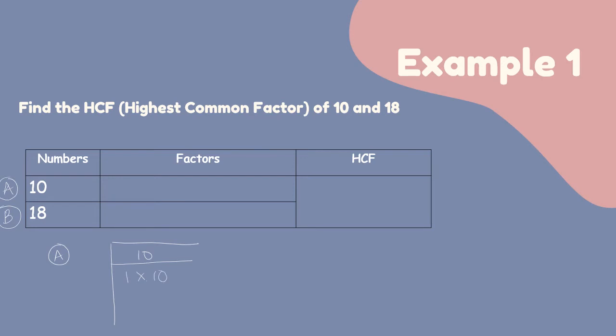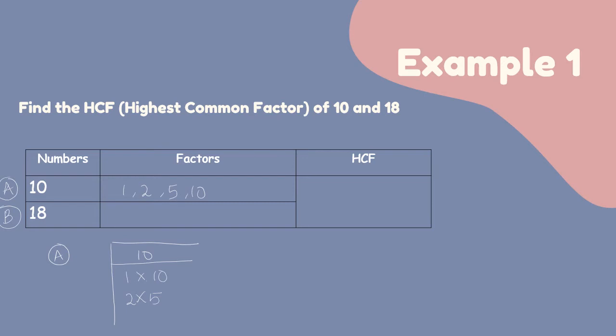Next, we can start with number 2. 2 times what gives you 10? Exactly, 5. Can you think of any other numbers when you multiply them together gives 10? How about 3? 3 times what gives 10? Is there such thing? No, there isn't. So the factors of 10 are 1, 2, 5, and 10.